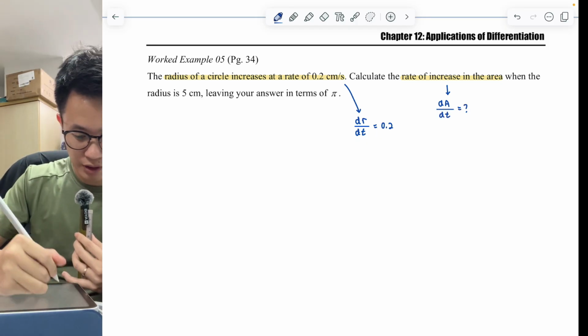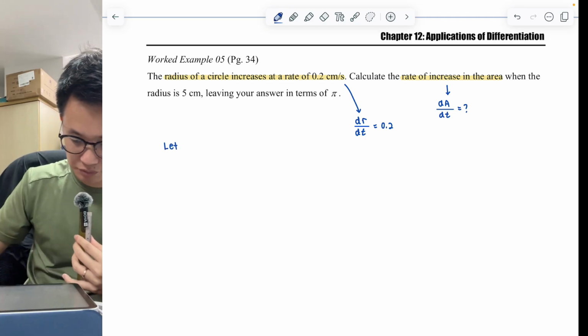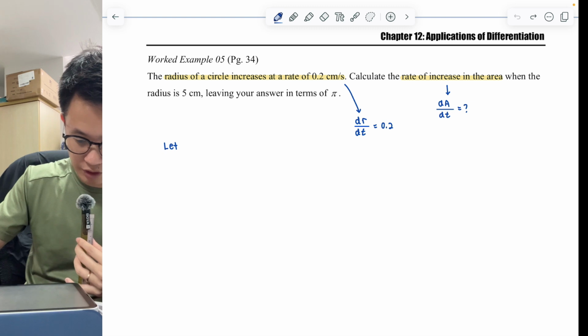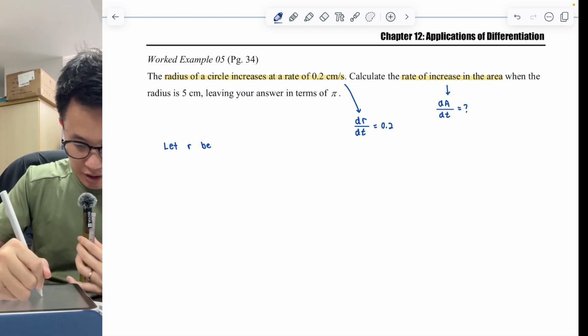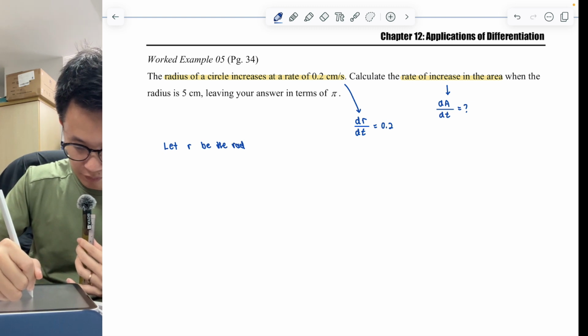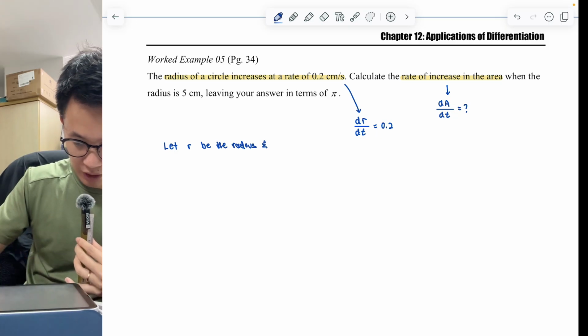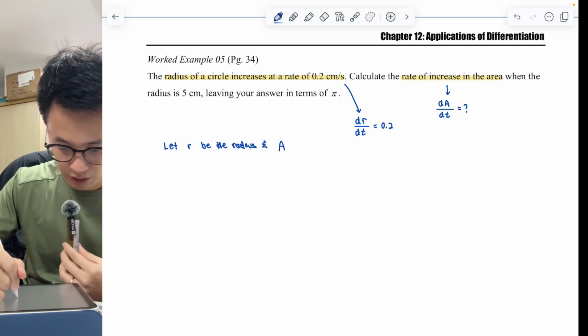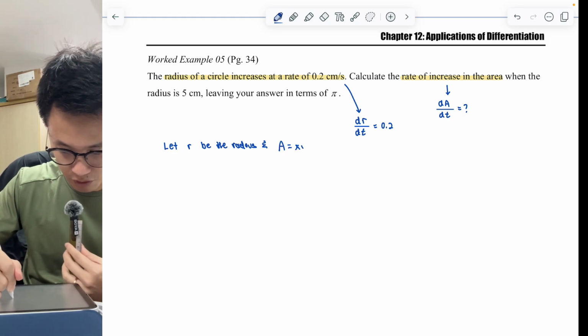Okay, so let's make some definitions. Let R be the radius, and the radius is a circle, right? So the area should be A, and A be equals to pi r square, be the area.